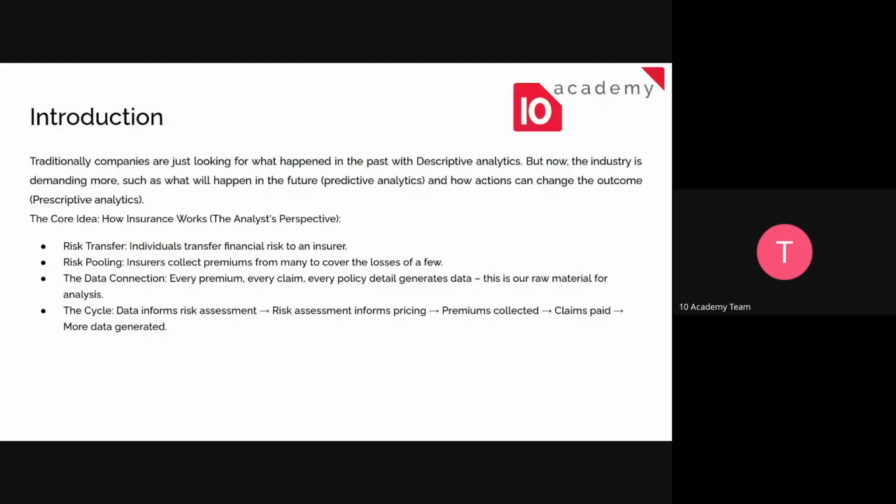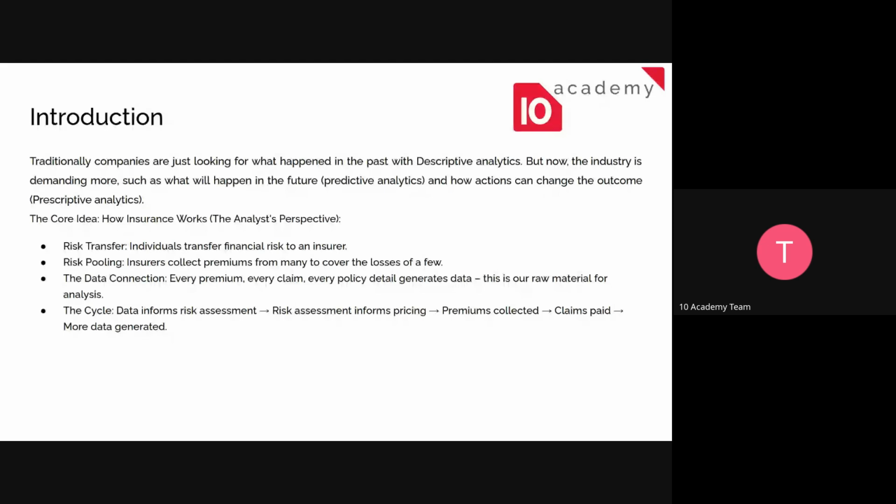If there is some damage or loss, the money they give to the person comes exactly from the premiums they collect from the customers. So the first one is risk transfer, where individuals transfer financial risks to an insurer, whether it is property or even life, as in life insurance.